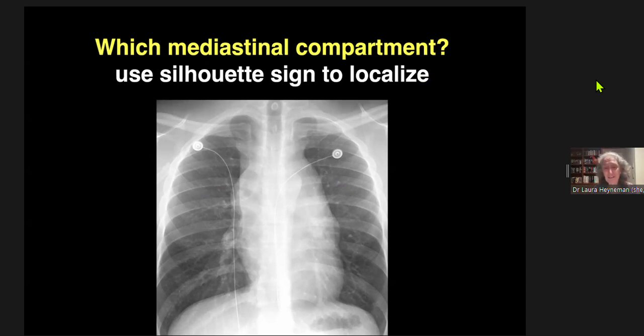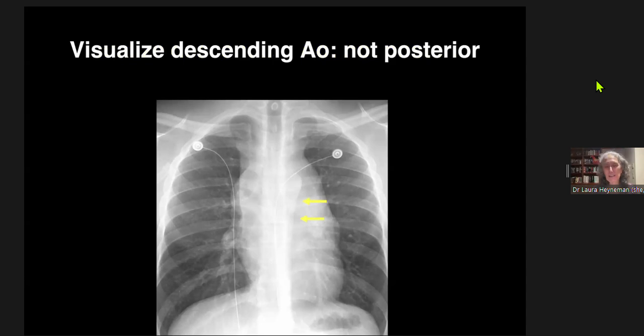Then the question is, what portion of the mediastinum is this mass located? Well, again, we use the silhouette sign. And what do we see? What is not being silhouetted out? Well, the descending thoracic aorta is very well demarcated here.